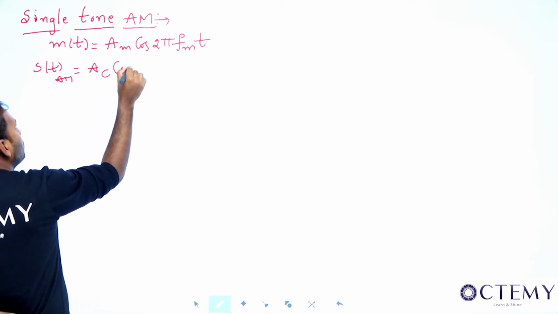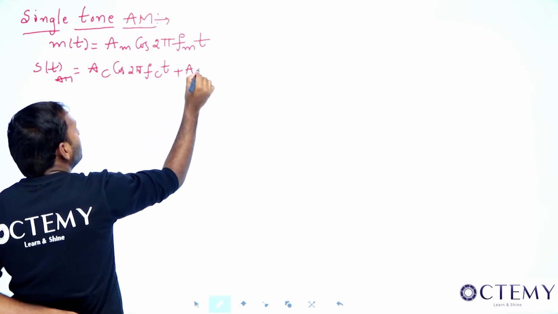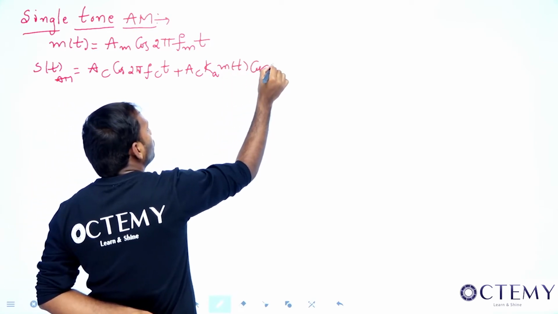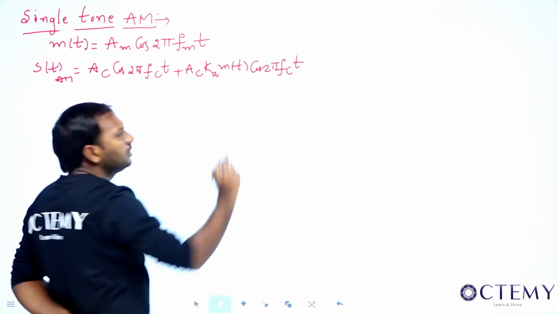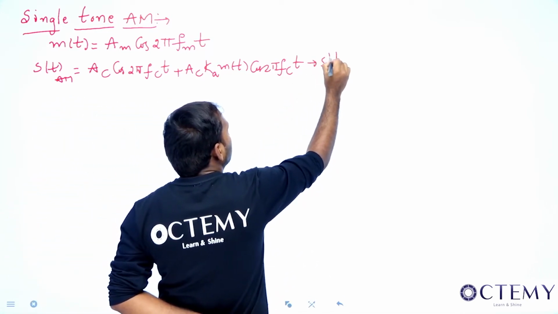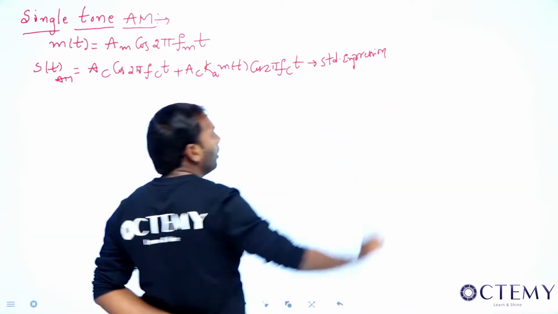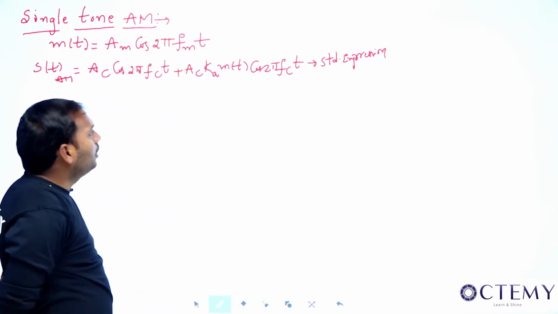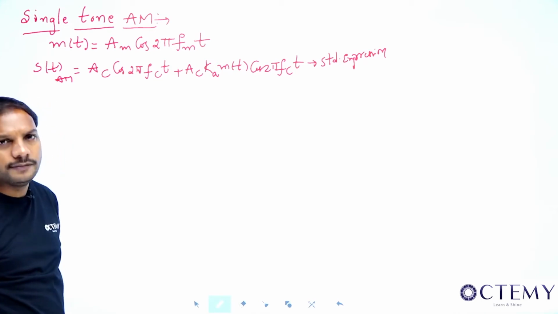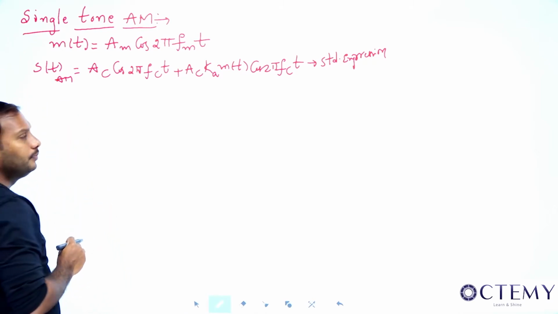Ac cos 2 pi fc t plus Ac Ka m of t cos 2 pi fc t. This is the standard expression. Now this is s of t of AM.